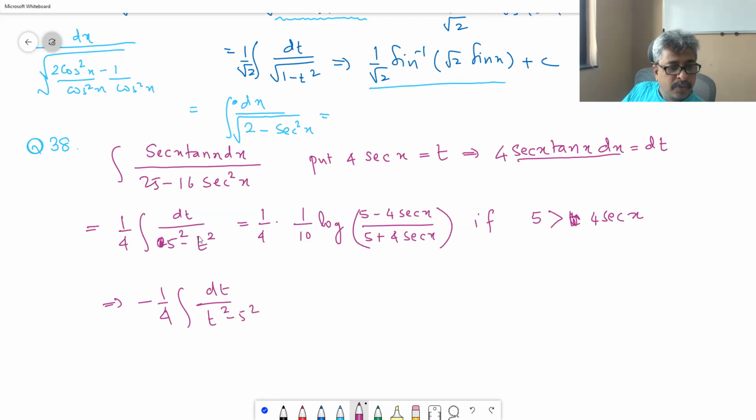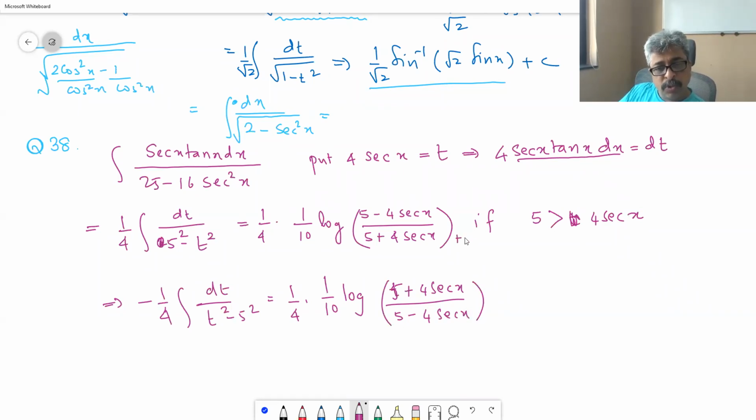If t square is greater than 5 square, then the answer would be 1 upon 4 into 1 upon 10 log t, I mean 5 plus 4 sec x upon 5 minus 4 sec x plus c, and both of them are the same.